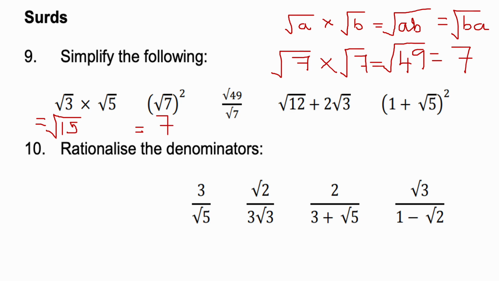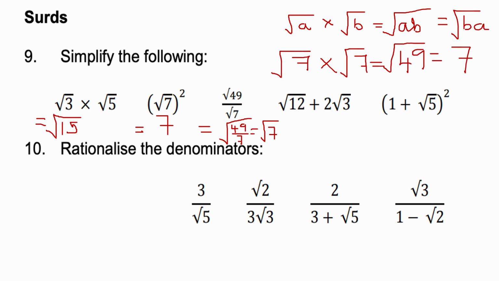Next one, the square root of 49 over the square root of 7. Well, again, if it's a division and I've got surds, I can write it under one square root. So it becomes the square root of 49 over 7. 49 divided by 7 is just 7, guys. So I can write that as the square root of 7.